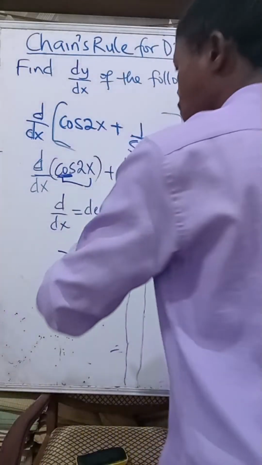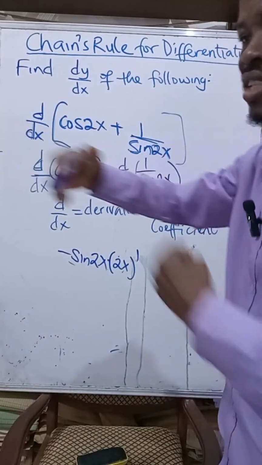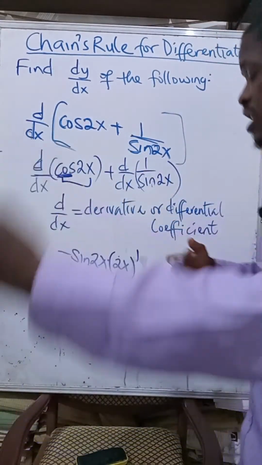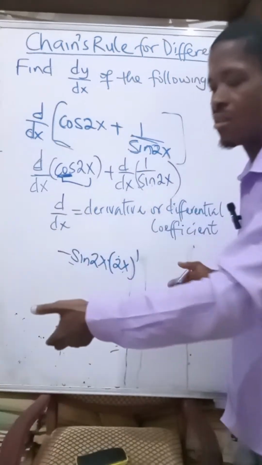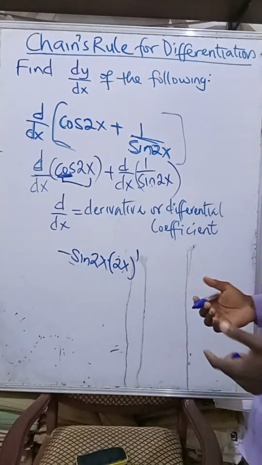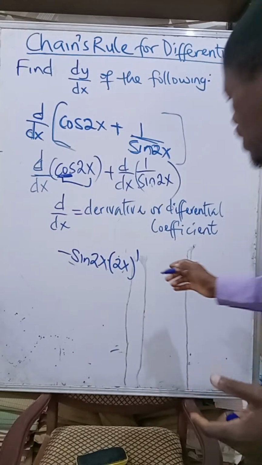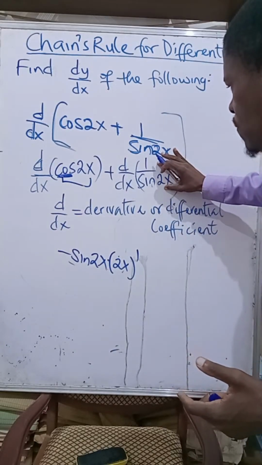You differentiate the external function, which is cosine, and it gives you minus sine of that function.